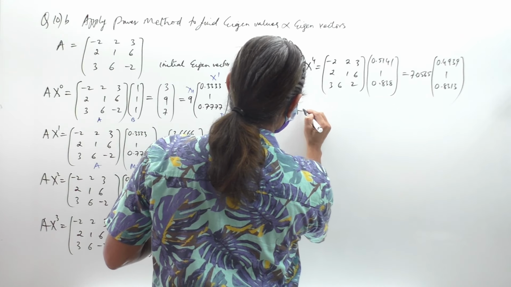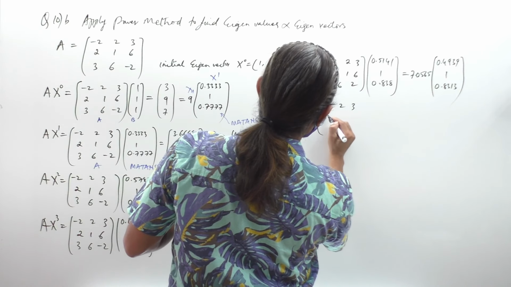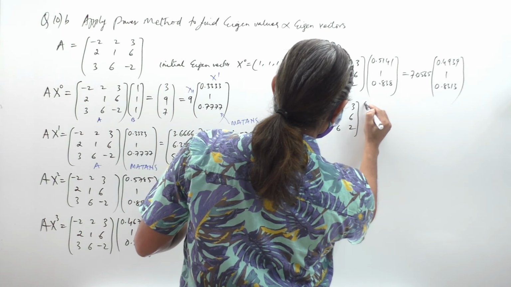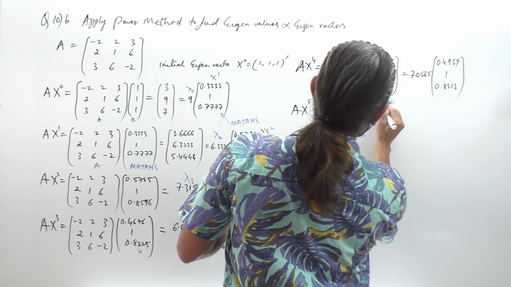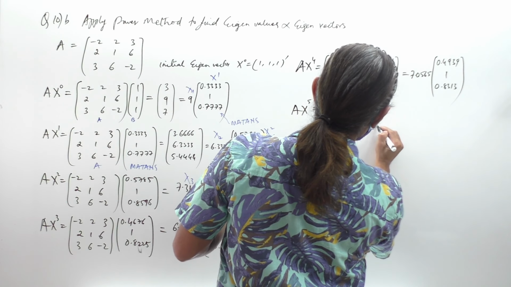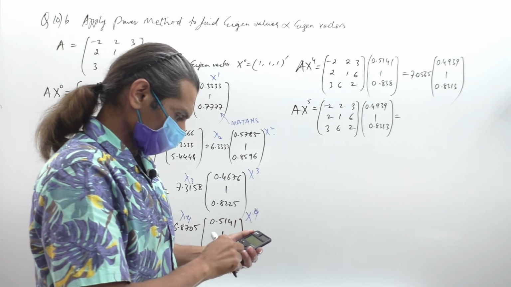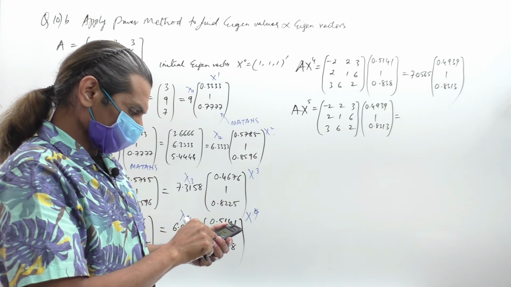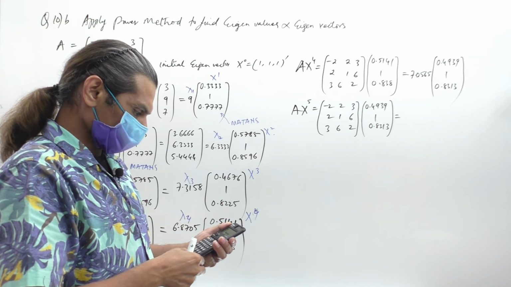Again I will take A into x5. Minus 2 2 3, 2 1 6, 3 6 2 into 0.4939, 1, 0.8313. Again this is catalog, matrix A into catalog, matrix mat answer, execute.